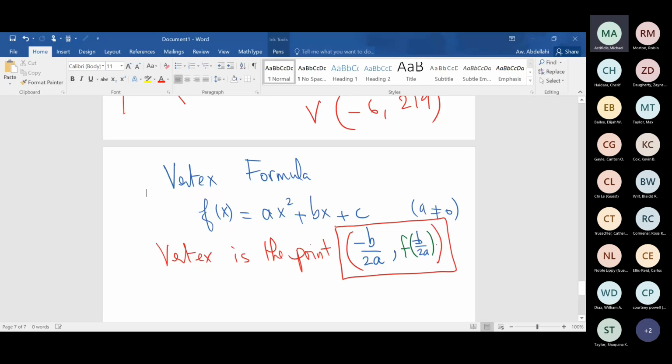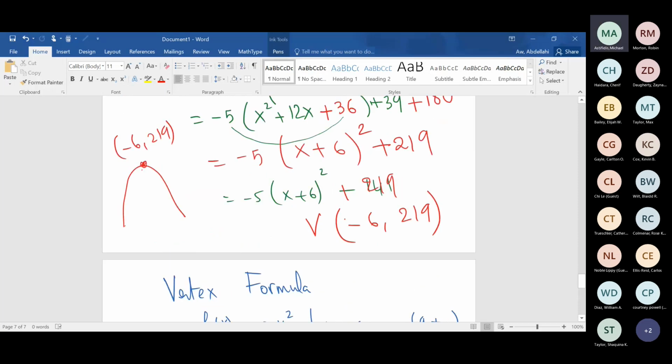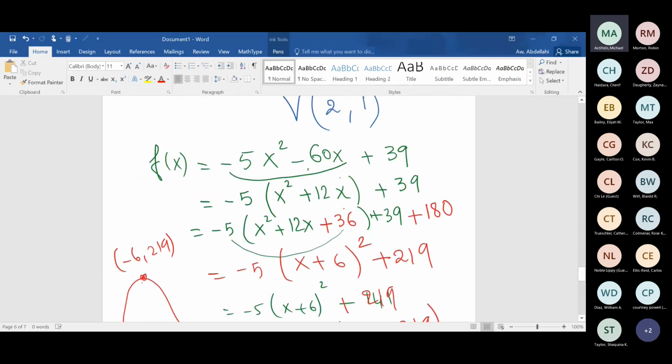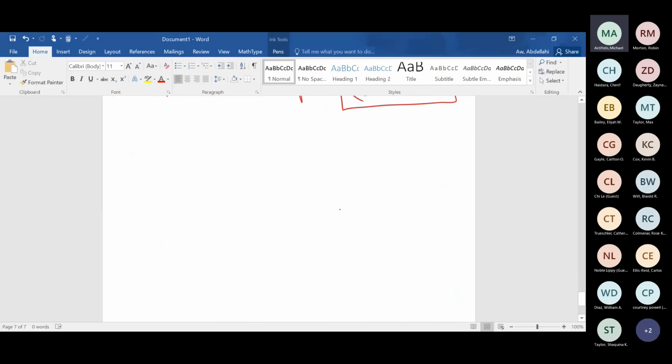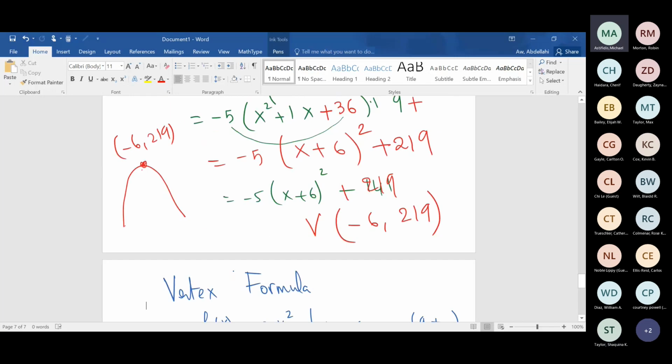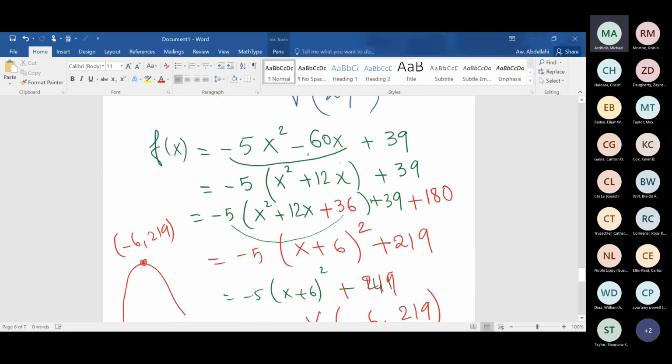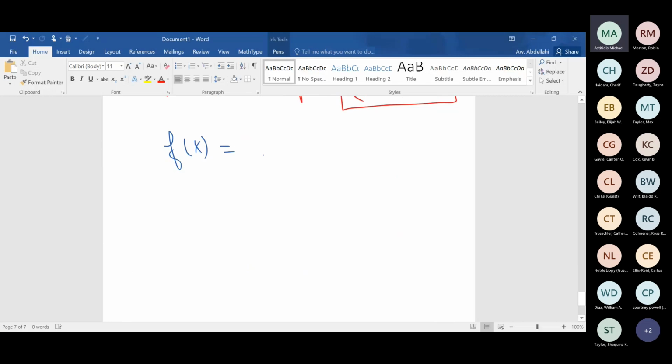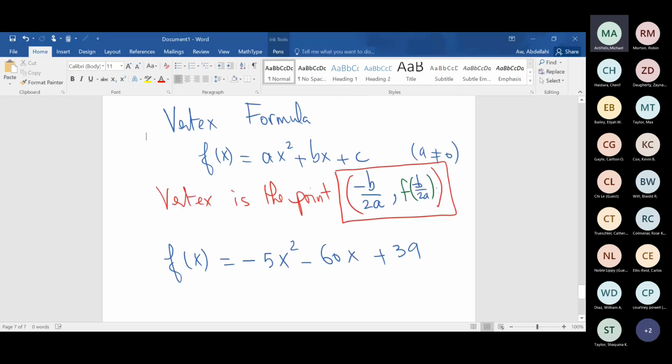Instead of doing all this right here, look how cool this formula is. So we have negative x squared minus 60x, etc. Let's take the second one, f of x equals negative 5x squared minus 60x plus 39. Instead of doing all the work we did before, finding the vertex is very simple.